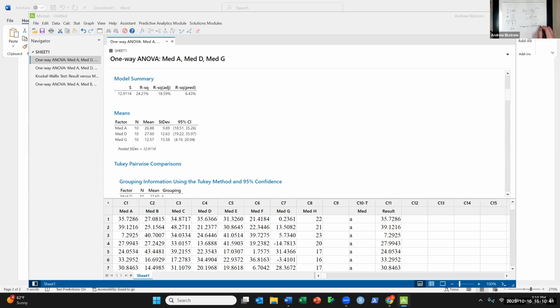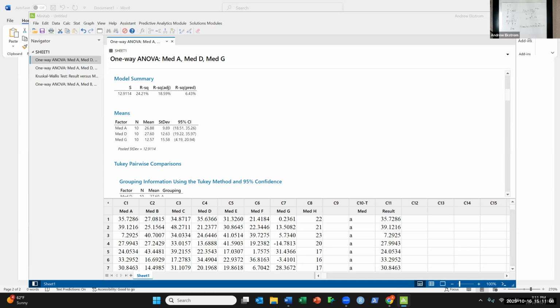Our high value, for most of these, 1,000 should be good enough. The mean, that's just going to be whatever X bar is. And then the standard error is going to be something that's already been calculated for you. Okay.